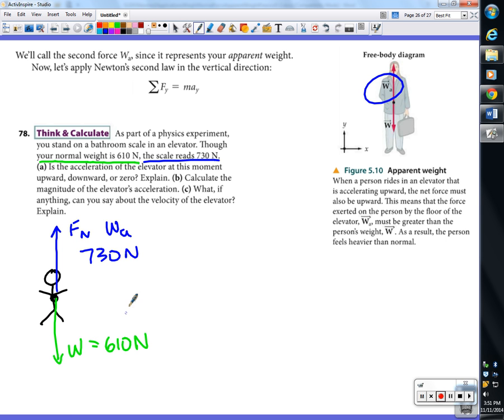So if I have an upward force greater than a downward force, my net force is in the upward direction. And if net force is in the upward direction, acceleration is in the upward direction. So go ahead and take a second. If you need to write that down somehow, go ahead and do it.